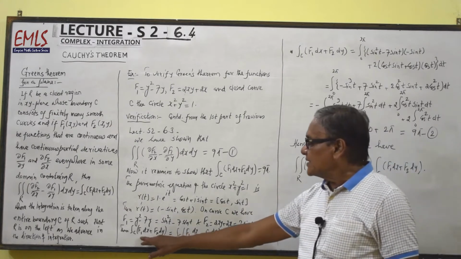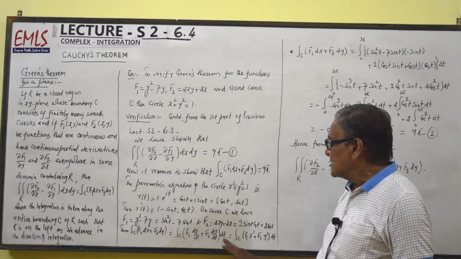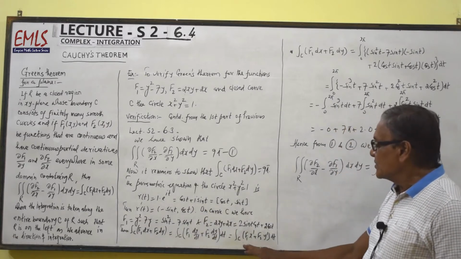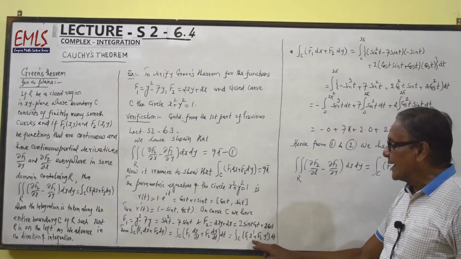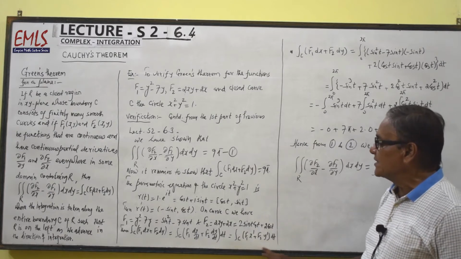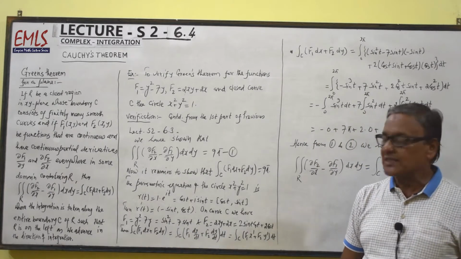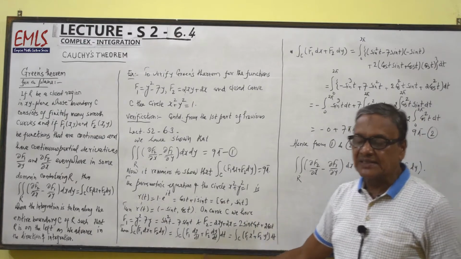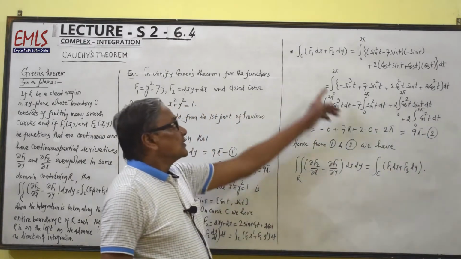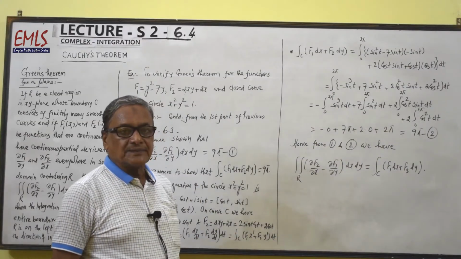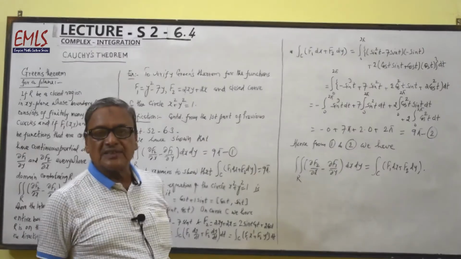We can write it as f1 dx/dt dt plus f2 dy/dt dt, that is equal to the integral over C of (f1 x dash plus f2 y dash) dt, where x dash stands for dx/dt and y dash stands for dy/dt. Now we are converting it into a definite integration.